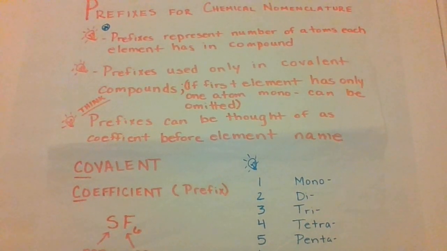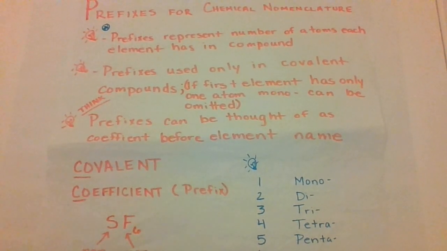Please make note of these. These are not the same ones used for organic chemistry, for the naming of organic structures. These are the prefixes for the chemical nomenclature of naming compounds. So here we see in our light bulb moment, prefixes represent the number of atoms each element has in a compound.